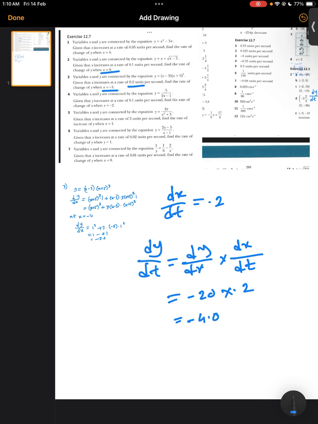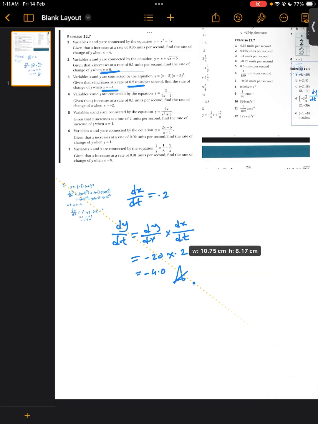So minus 4.0. Yeah, minus 4 units per second. Three done.